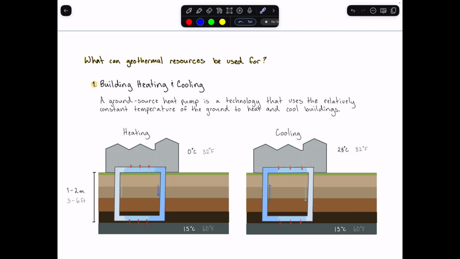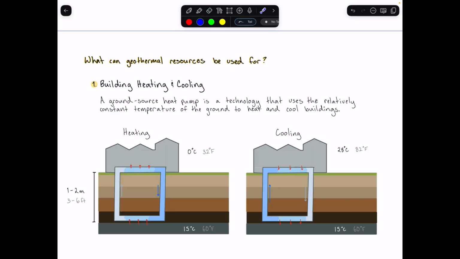Let's say it's a hot summer day, it's 28 degrees Celsius. A liquid is cycled through a building, it absorbs some of the heat from that building, and it is cycled underground where it is colder than the building, so it releases some of that heat to this underground area of rocks and dirt. It cools down, then comes back up to the building, picks up some of that heat, and is just cycled through.